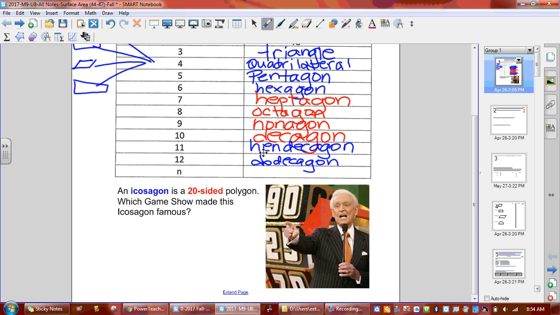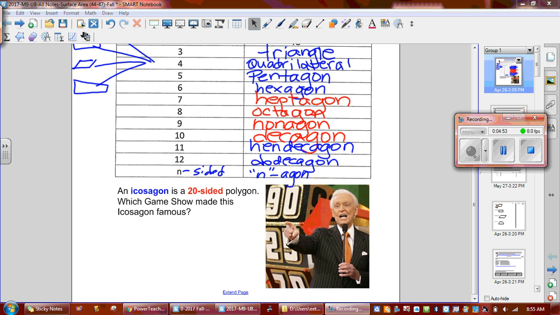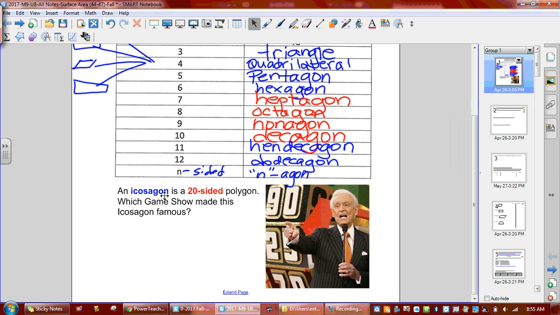Now, the general name, for n-sided, is going to be n-agon. So, the n is the number of sides. And for 20 sides, with the prefix, we've got an icosagon. Icosagon is 20 sides.